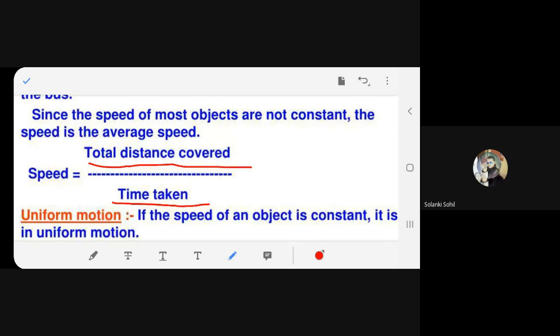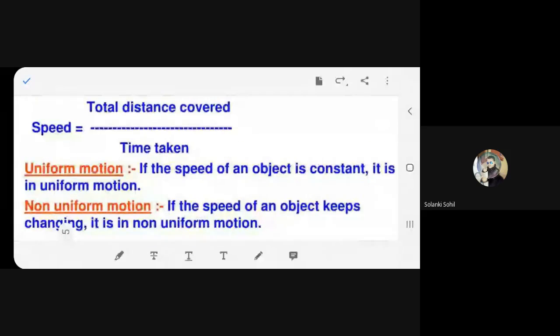Now we know that most of the objects are not in continuous motion. But we take it for granted that some objects are having uniform motion. What does that mean? That for any object, the speed is constant.